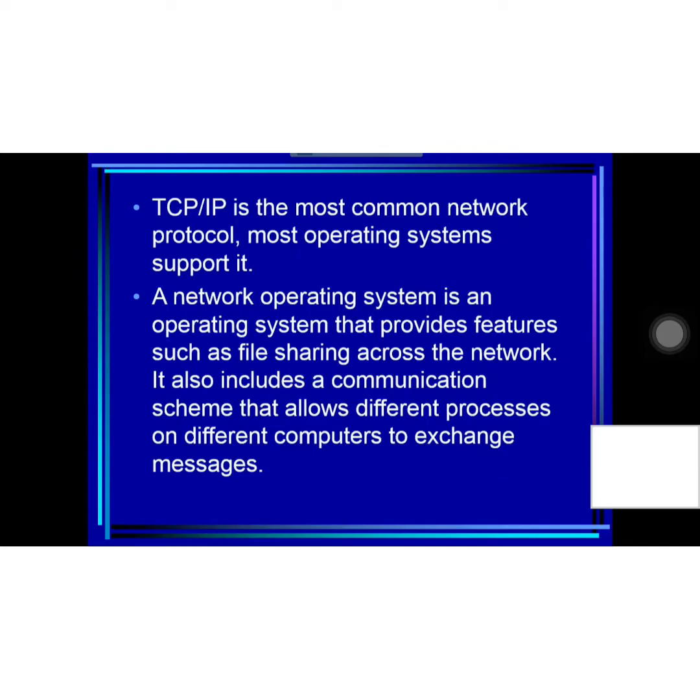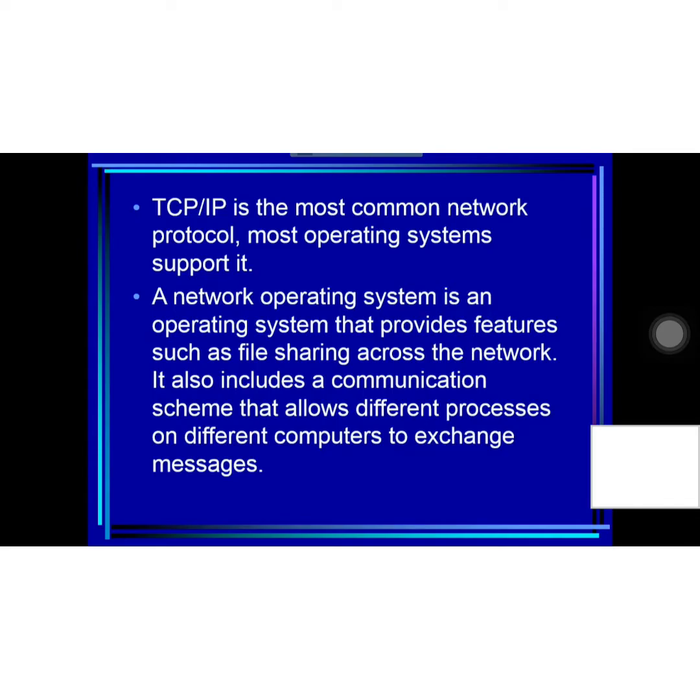A network operating system is an operating system that provides features such as file sharing across the network, along with a communication scheme that allows different processes on different computers to exchange messages.